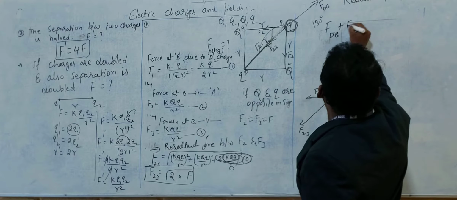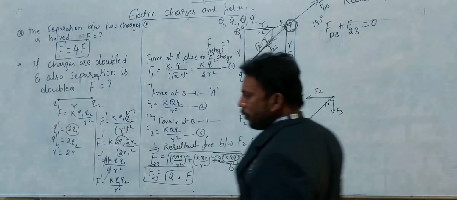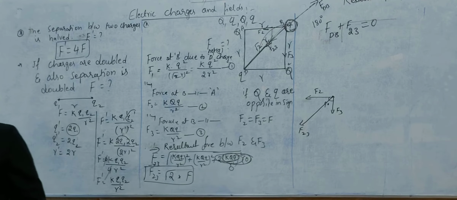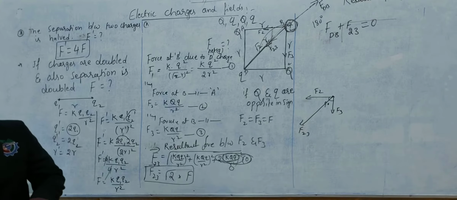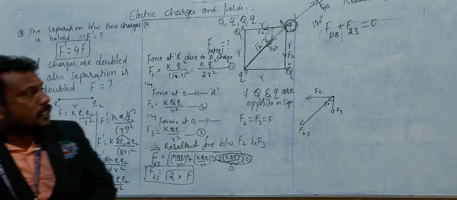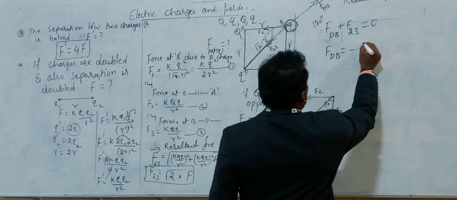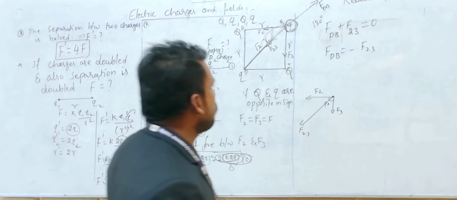Therefore, F net can be written as FDB plus F23 is equal to 0, because both the forces act in opposite direction. Therefore, FDB is equal to minus F23.